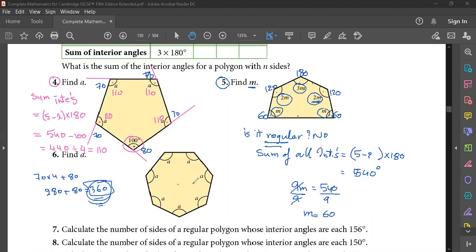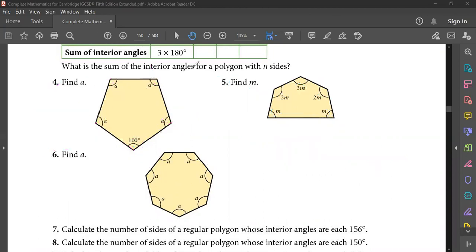Look at this shape. Is it regular? Let me erase everything. Now, how many sides do we have here? 7. 1 2 3 4 5 6 7. The sum of interior angles is how much?